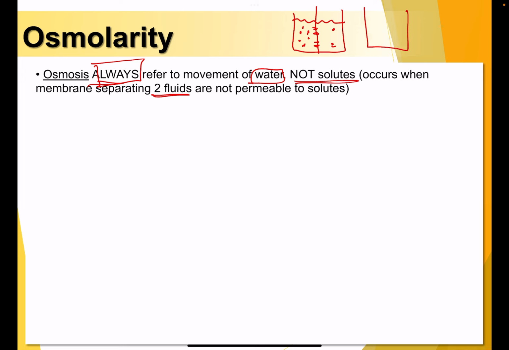They would just cross right over so that you have the same amount of dots on either side, because this membrane has pores that allow those solutes to cross over. That is diffusion, not osmosis. So osmosis only happens when there are solutes inside two fluid volumes that cannot pass the semi-permeable membrane.